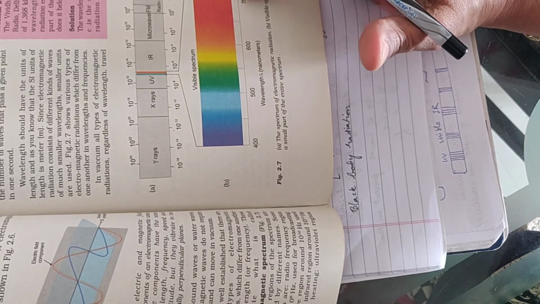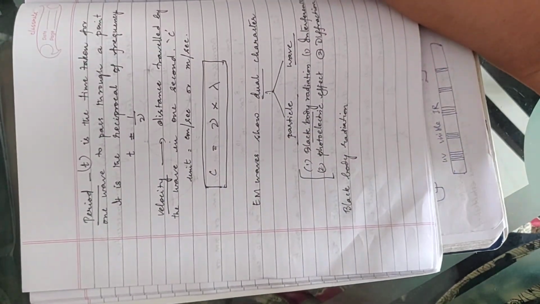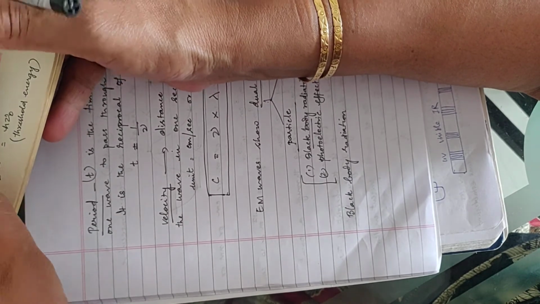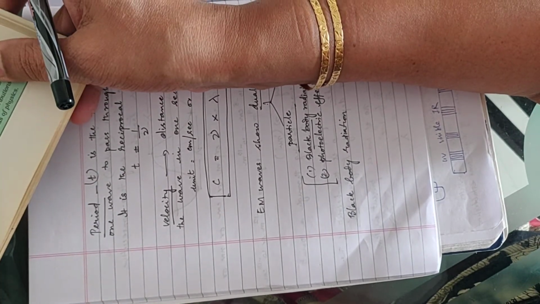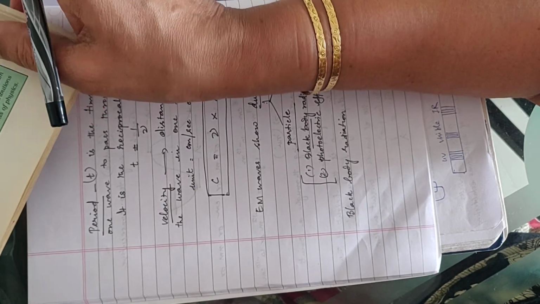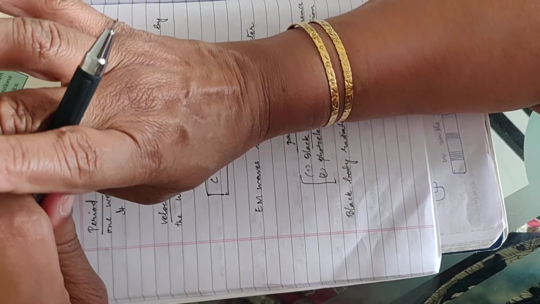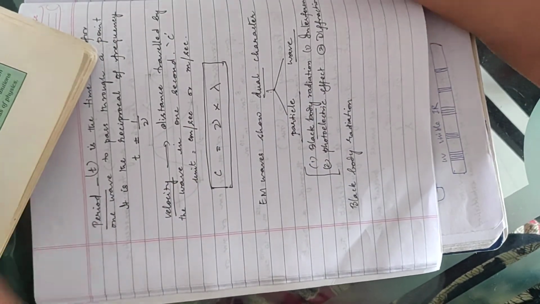So this relation you are supposed to remember always. So red color lies in the lower frequency region, while blue color belongs to higher frequency region.